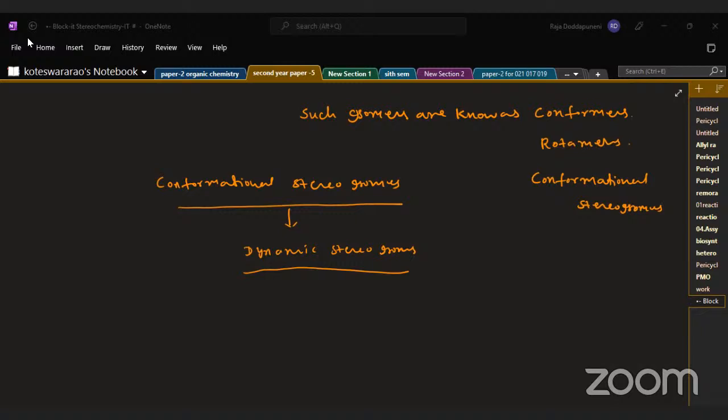Suppose a particular molecule can generate some number of conformational stereoisomers. We are comparing their stabilities and some physical properties like boiling point, melting point, refractive index, or hydrogen bonding interactions for potential energy stabilization.